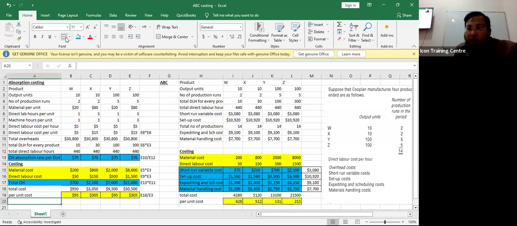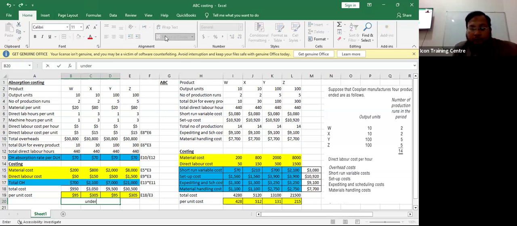It means if we follow absorption costing, we will, what do we call it, undervalue these costs.